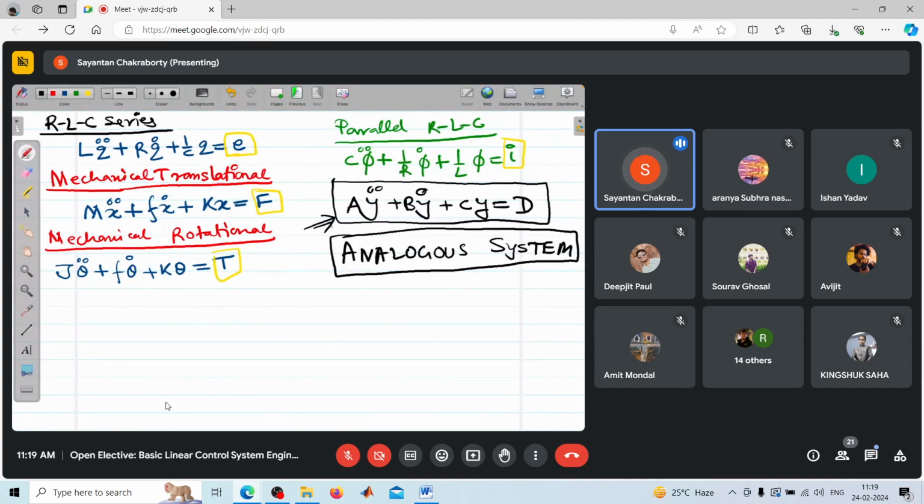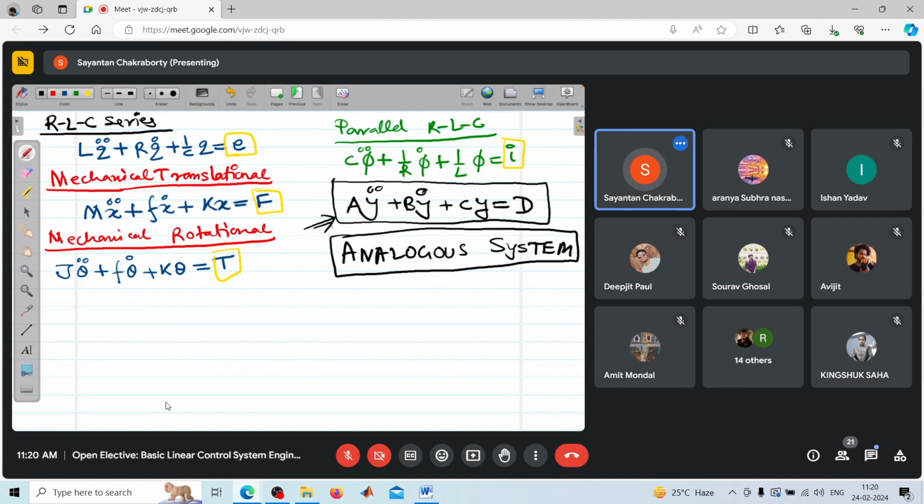A voltage source is easily available, and you can design a current source. So what I am saying is that any physical system, be it mechanical or any other, if you represent it by an analogous electrical system, then you can simulate it via a Vero board or a small experiment based on R, L, and C components. So you can get a physical insight, right?